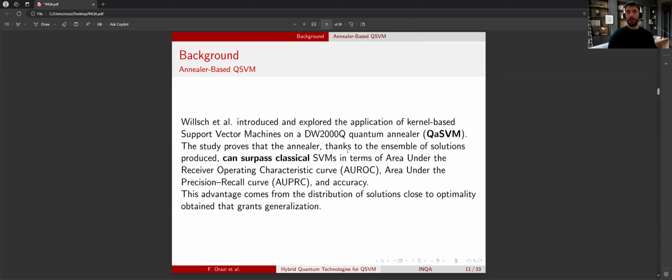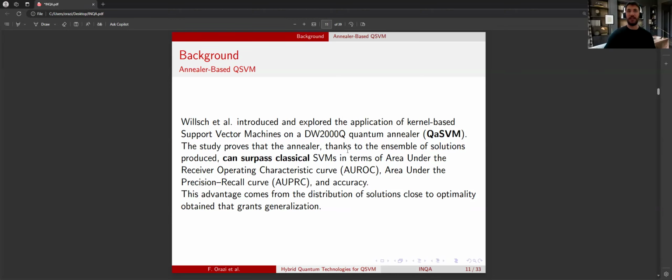They proved that it indeed can surpass classical support vector machines in terms of metrics like AUROC, AUPRC, and accuracy. The advantage of the annealer comes from the solution not being a single optimal solution, but many suboptimal solutions that grant generalization.